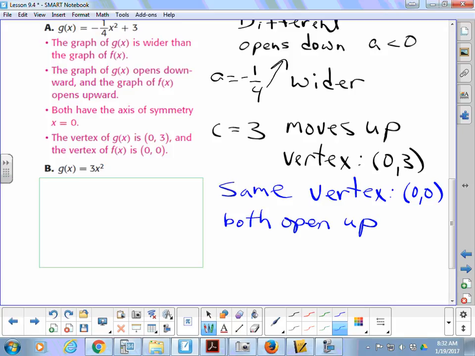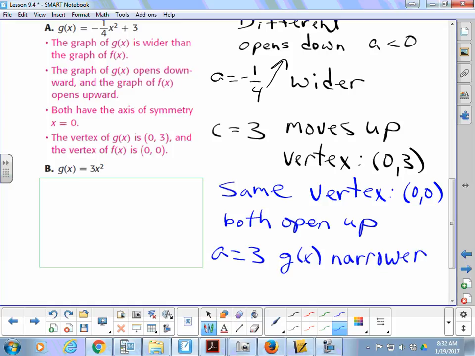Scott, what's that 3 tell us? When I compare it to x squared, is it narrower or wider? Okay, so narrower, because a is 3, then g of x is narrower.